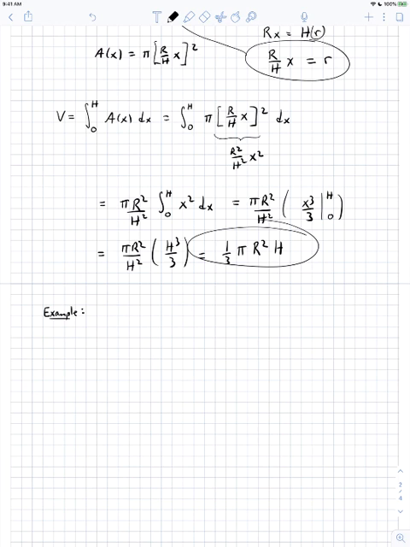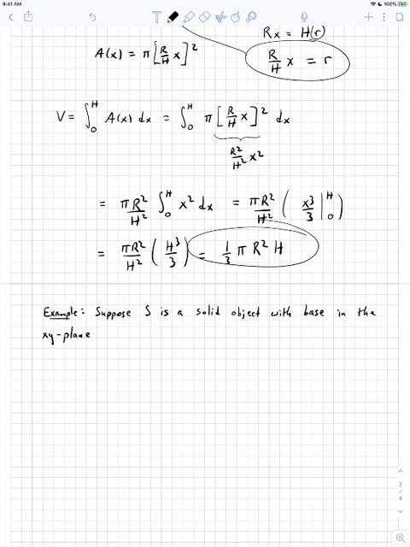For this example, suppose S is a solid object with base in the xy plane. So the base is sitting in the xy plane, but let's say it's a circle.